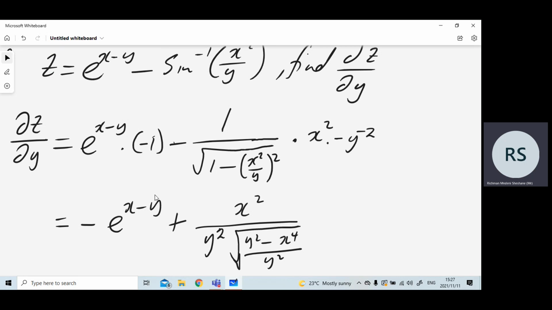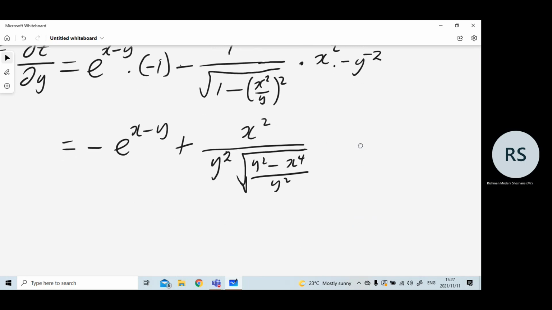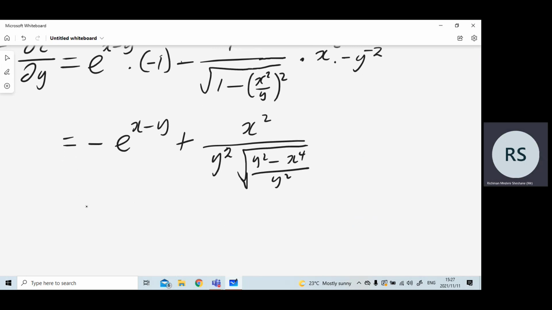All right, let's continue and simplify our function. About the first term, we have minus e to the x minus y. We return our first term. The second term, if we look here, we use the rule that you know from exponents.